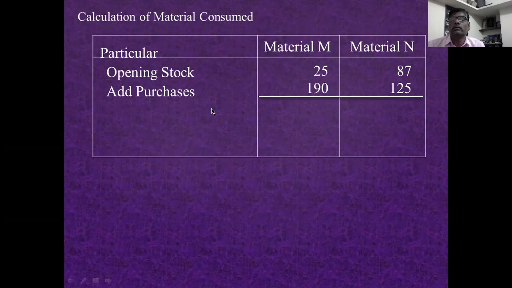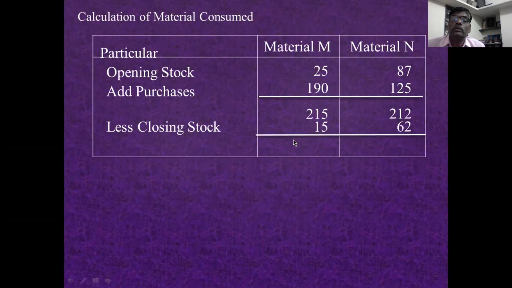Add these. Opening total is 215 first, second is 212. Then less closing stock. Closing stock of the first is 15, second is 62. You deduct the closing stock. Whatever balance remains is called material consumed.